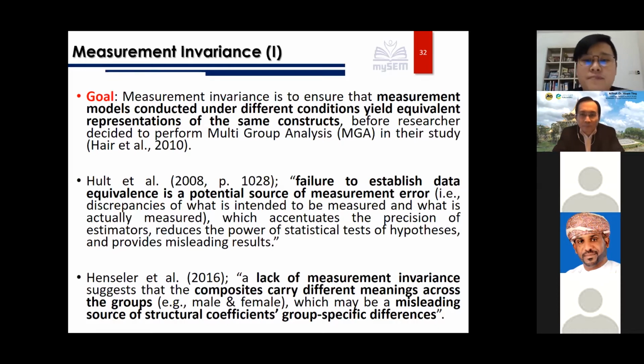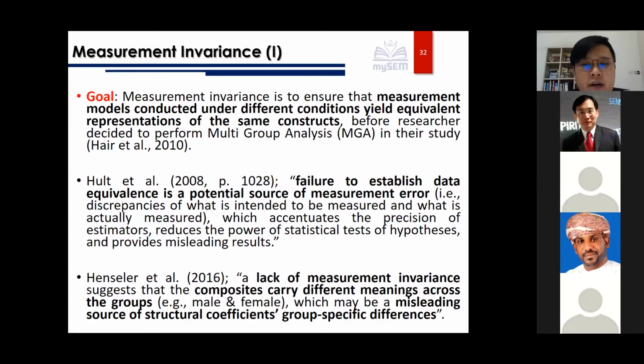The goal of measurement invariance is to ensure that measurement models conducted under different conditions, for example, just now I mentioned gender, male or female, yield an equivalent representation of the same construct, which means different respondents will feel that the questions you use to ask their perception carry the same thought.